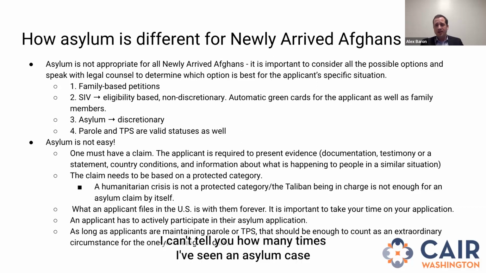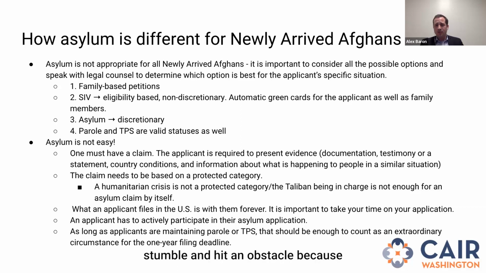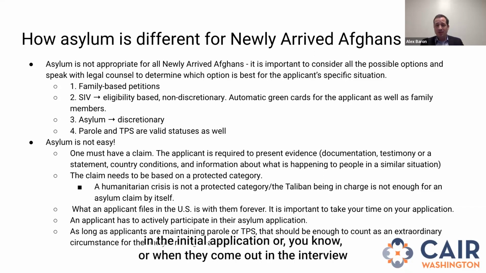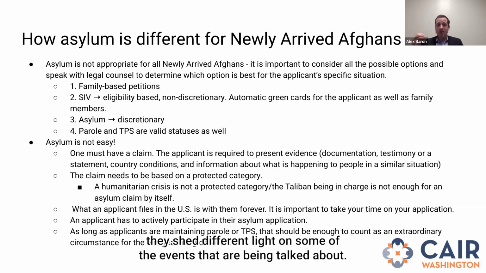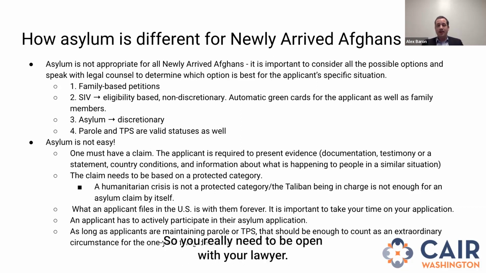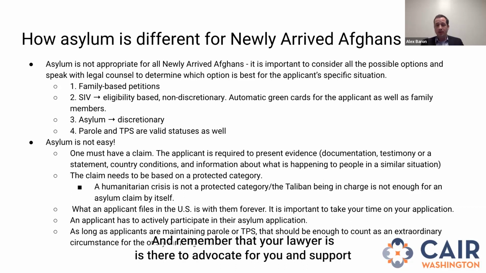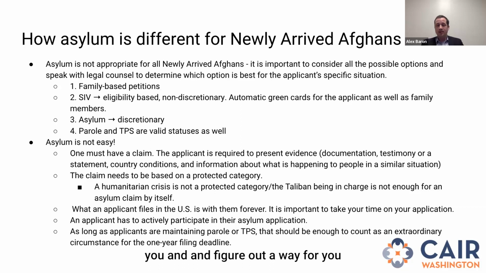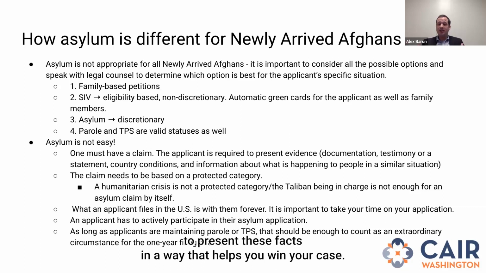I can't tell you how many times I've seen an asylum case stumble and hit an obstacle because there were facts that were not expressed in the initial application, and they come out in the interview and they shed different light on some of the events that are being talked about. So you really need to be open with your lawyer, and remember that your lawyer is there to advocate for you and support you, and figure out a way for you to present these facts in a way that helps you win your case.